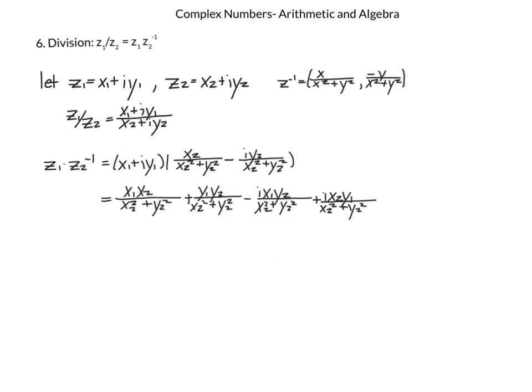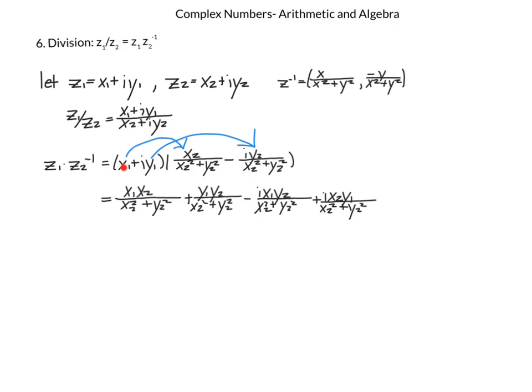And now I can do that lovely multiplication. So I have my x1 times x2 over x2 squared plus y2 squared. I have i y1 times i y2, which will give me a minus, except there's another minus here, so I get a plus y1 y2 over x2 squared plus y2 squared.